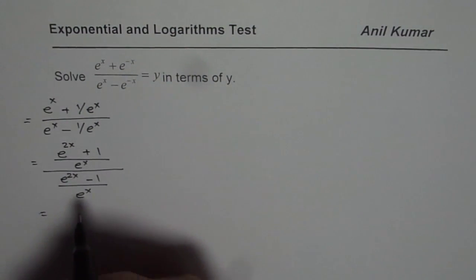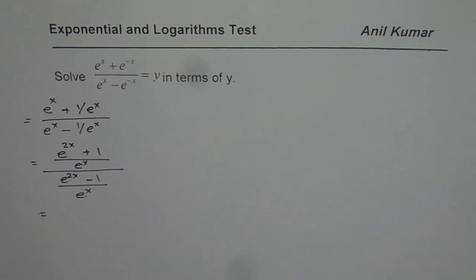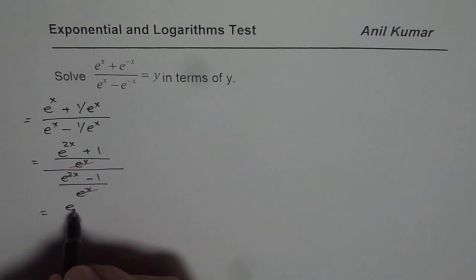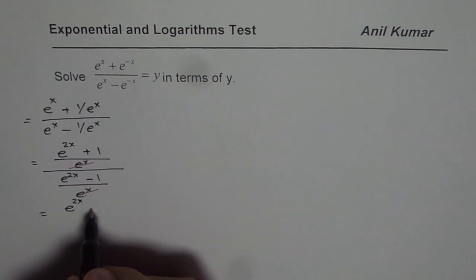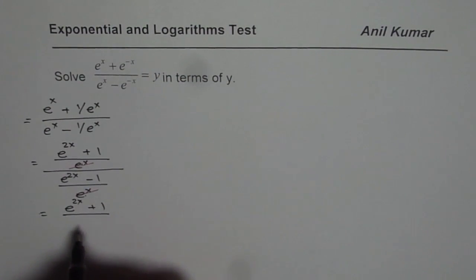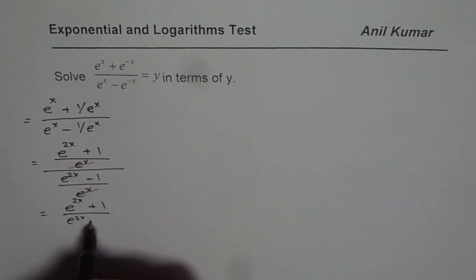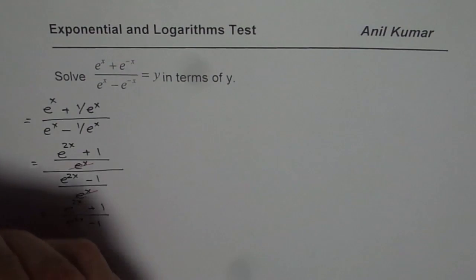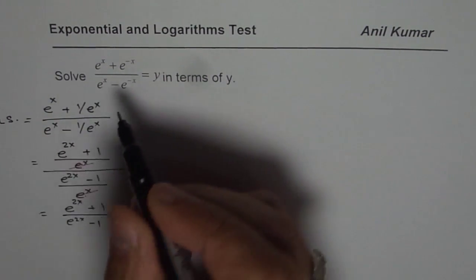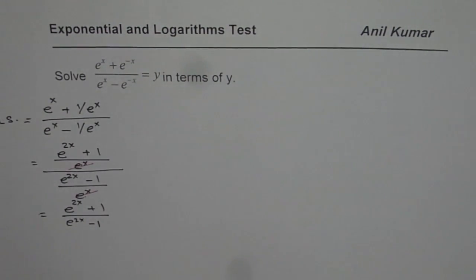Now we can simplify this. e^x and e^x cancel out, correct? We are left with (e^(2x) + 1) / (e^(2x) - 1). So this is our left side, and that is how we can solve the left side.